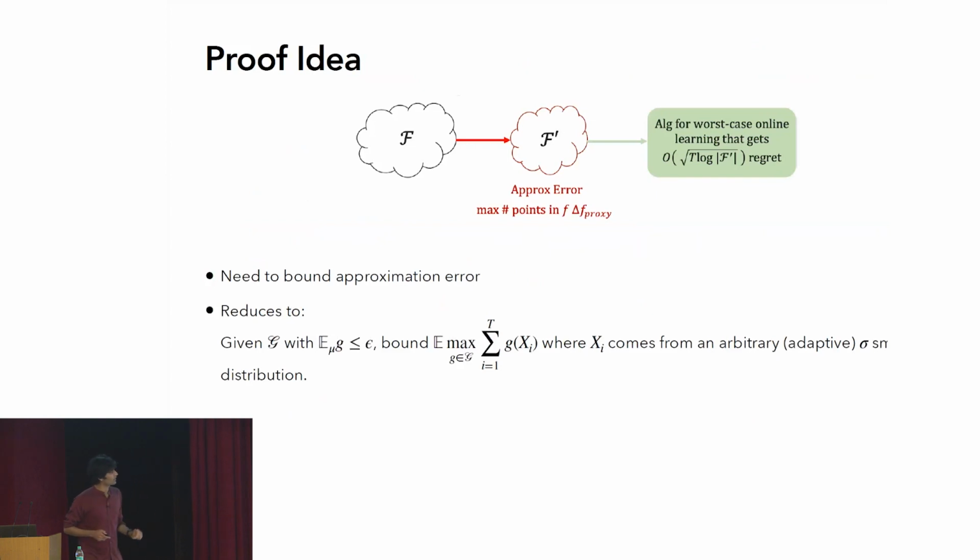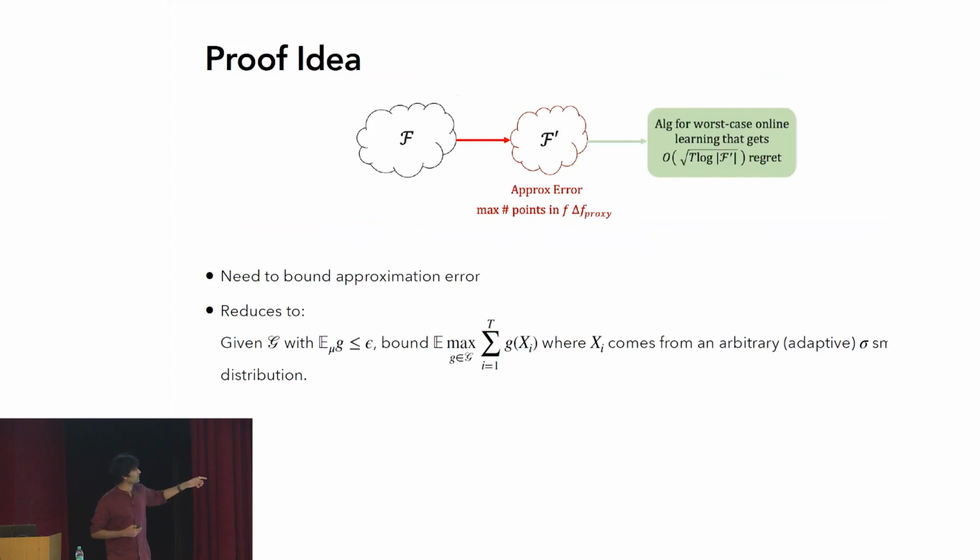Believe me, this will reduce to the following empirical process type question. You are given a family of functions which have small expected size under the distribution, and you want to bound the expected max of the sum of g evaluated on x, where x comes from an arbitrary sequence of sigma-smooth distributions.